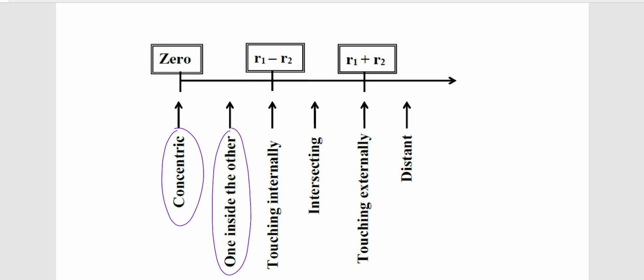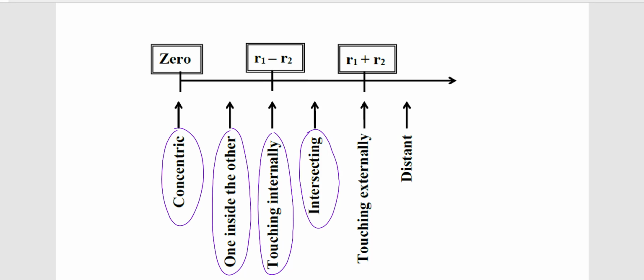When the distance between them equals the difference between their radii, then they are touching internally. اوعى تنسى ان في touching externally. If the distance between the two centers is bigger than the difference and also smaller than the sum of the lengths of the two radii, then the two circles are intersecting.